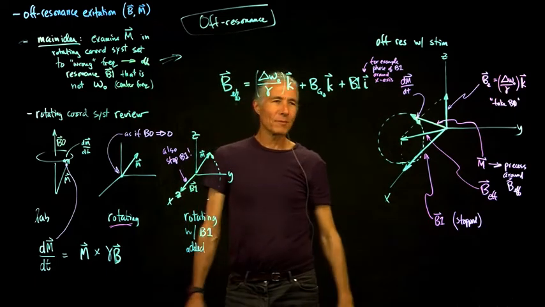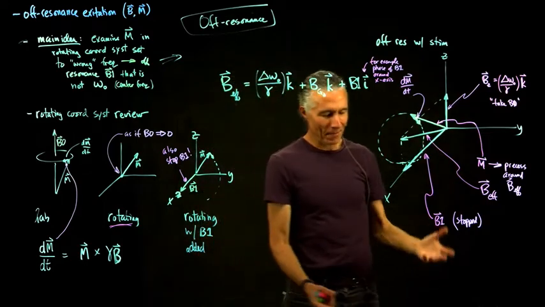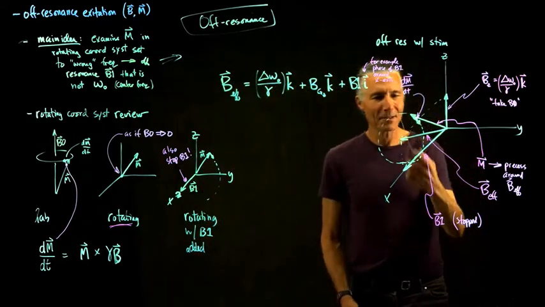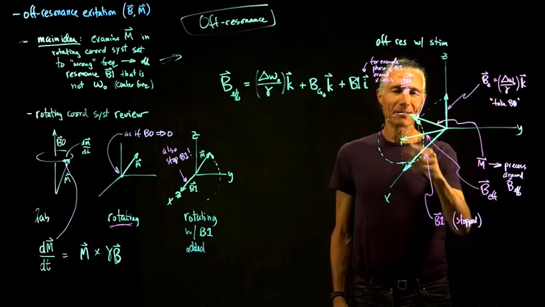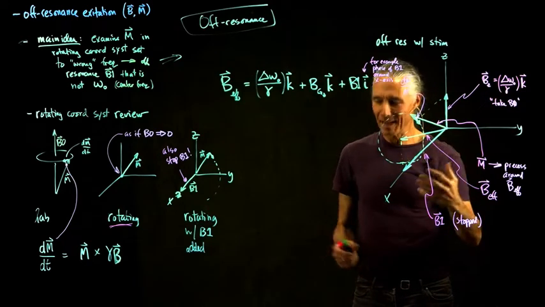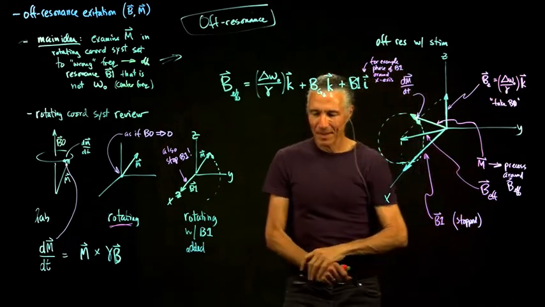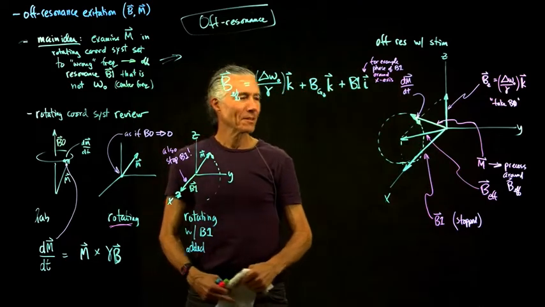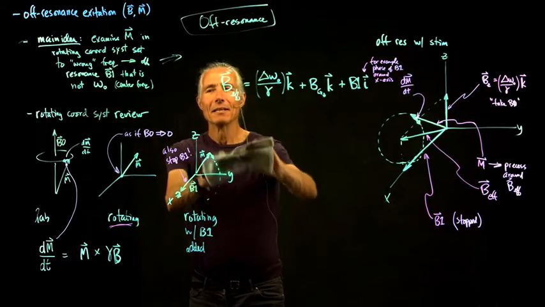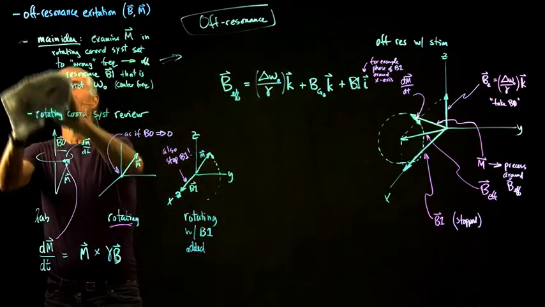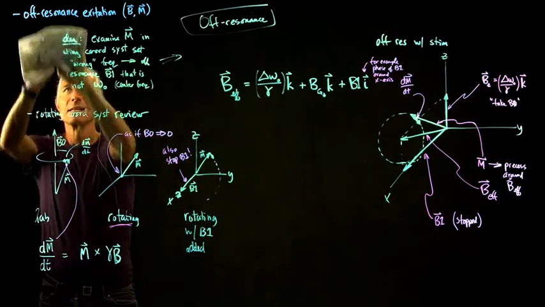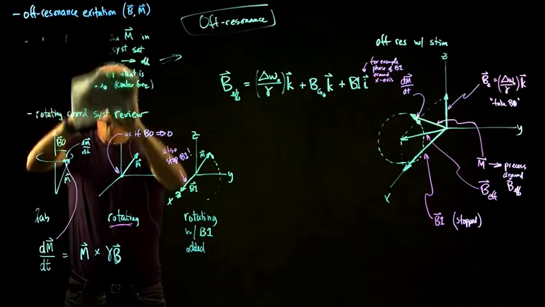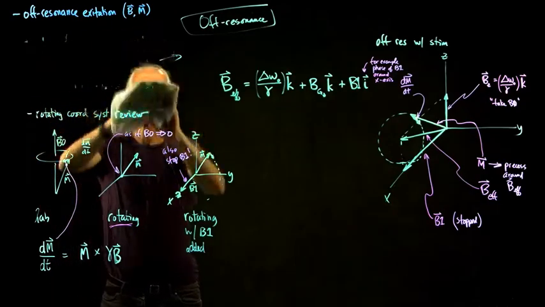Okay, so what is all this? If you're like me, I looked at this tilted off resonance thing and it didn't make any sense to me at all. So I said, why do I care? So let's look at how you can actually end up getting an inversion.